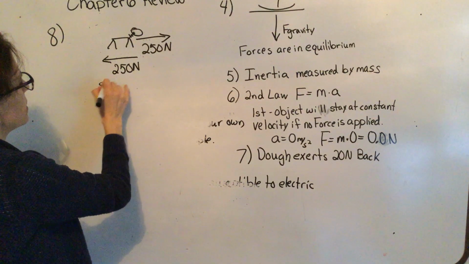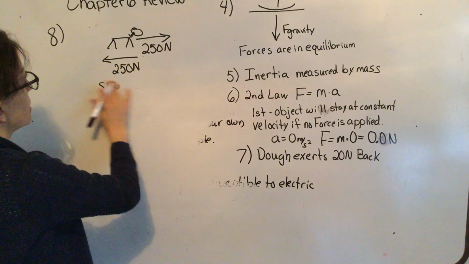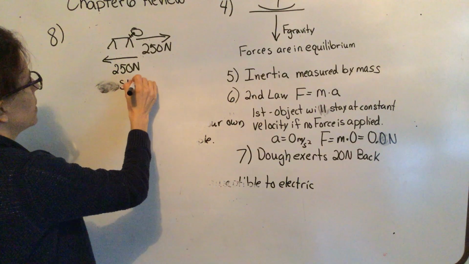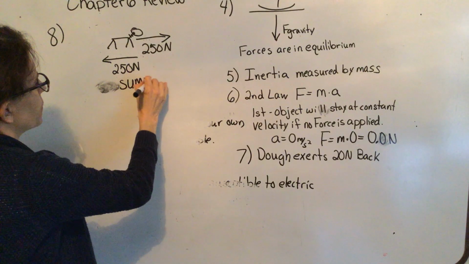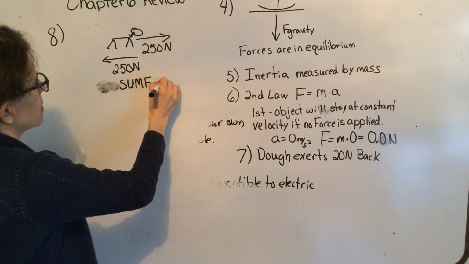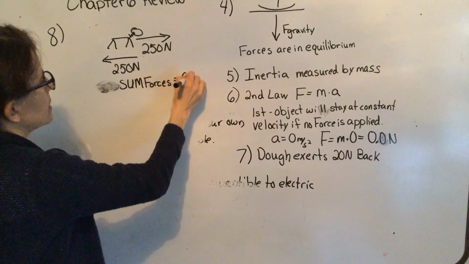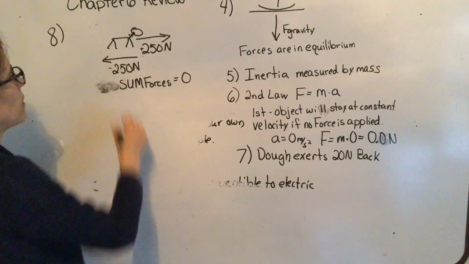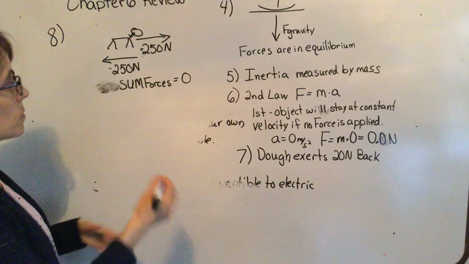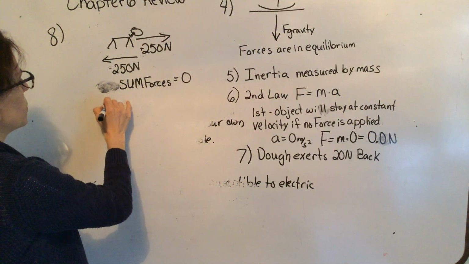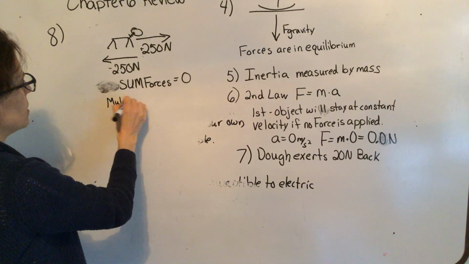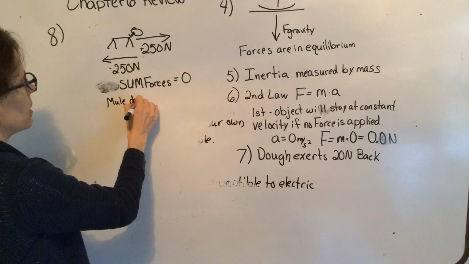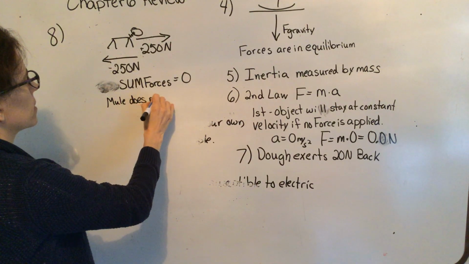The sum of the forces equals 0, because this would be a positive, this would be a negative. If you add a positive and negative and they're equal, you're going to get 0. So the mule does not move. He is not going anywhere.